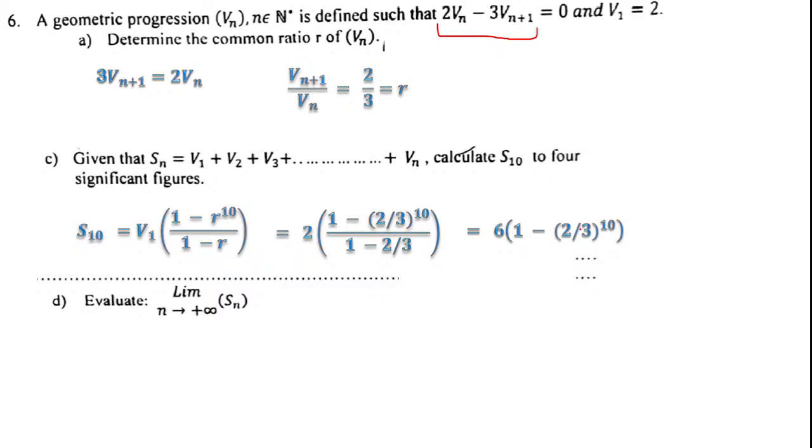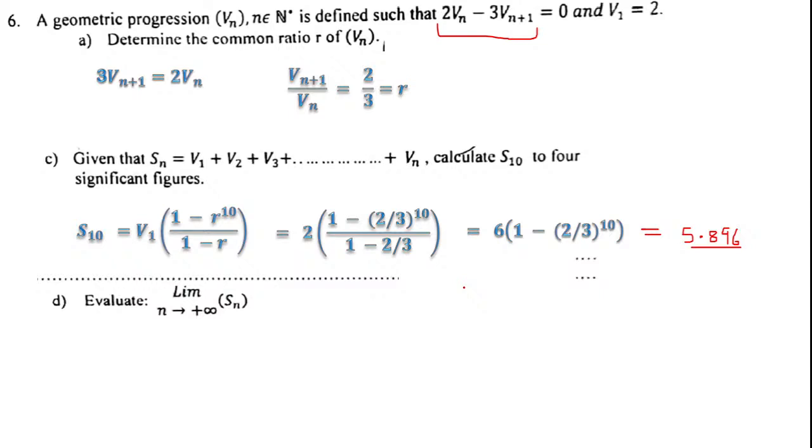And we should give our answers to 4 significant figures. So this will be equal to 5.8959, so the answer will be 5.896 to 4 significant figures. So this is what we have for this calculation.